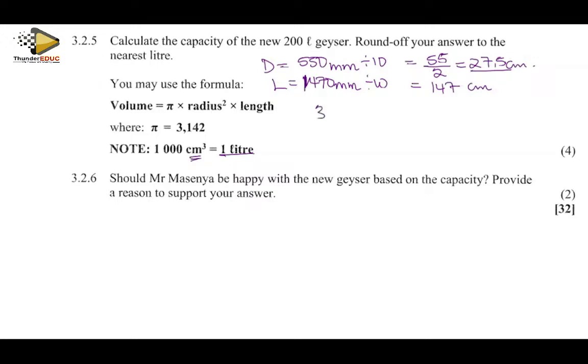So I will say 3.142, using this formula here, times the radius, which we already have, times the length, which we already have. 3.142 times 27.5 squared times 147. We end up having 349,292.21.